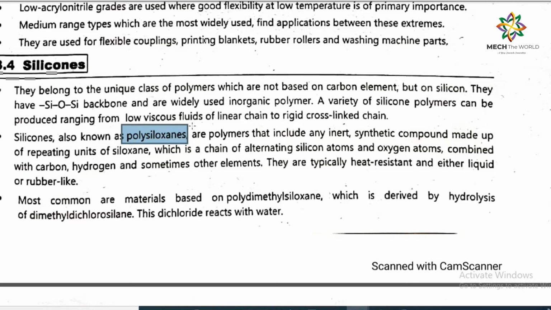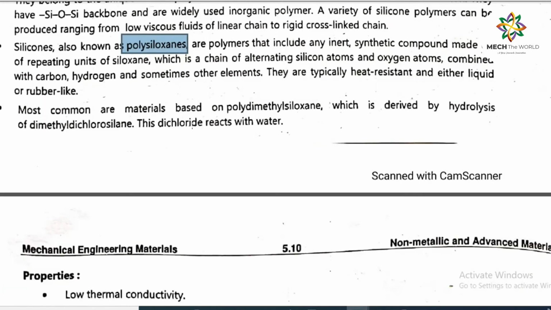They are typically heat resistant and are liquid or rubber-like. Most common are materials based on polydimethyl siloxane, which is derived by hydrolysis of dimethyl dichlorosilane. This dichloride reacts with water.